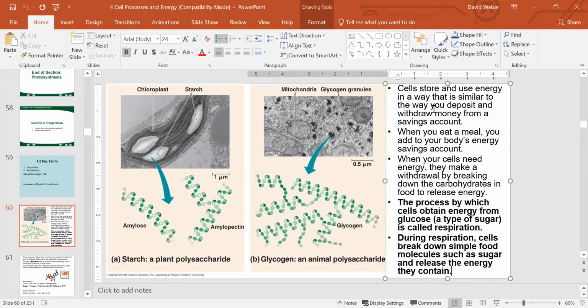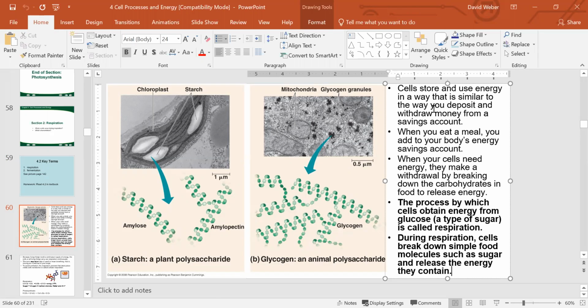So the process by which cells obtain energy from glucose, which is, as we know, a type of sugar that's in food, is called respiration. During respiration, cells break down simple food molecules such as sugar and release the energy they contain.